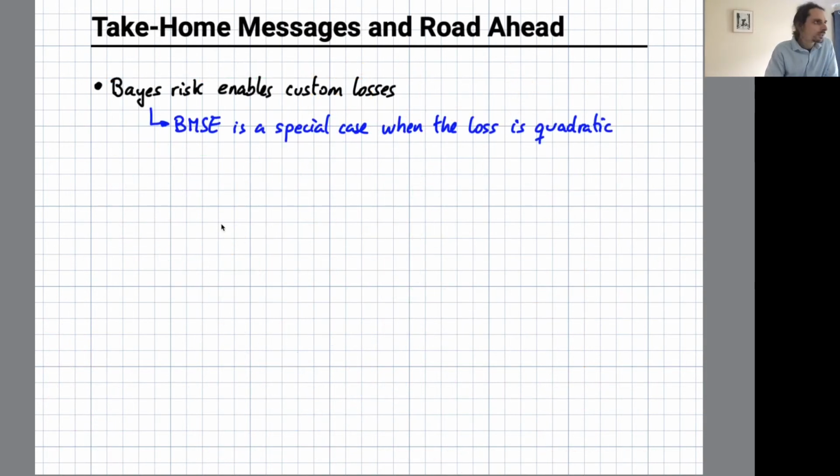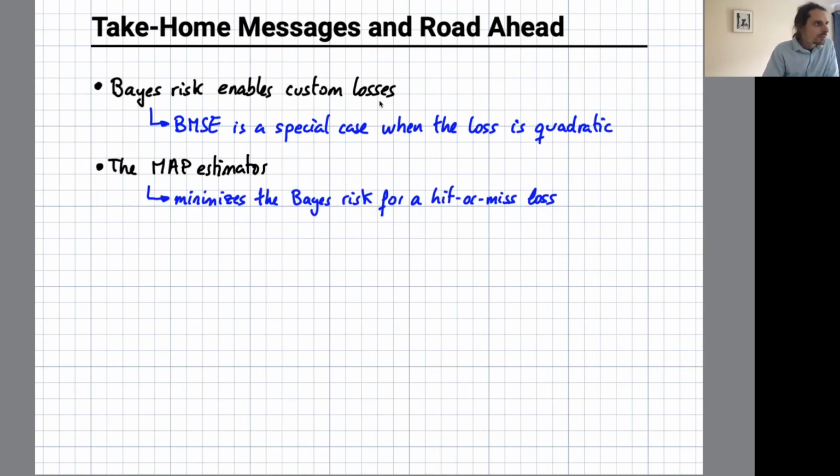And to conclude, let's wrap up what we have discussed today. We started by introducing the notion of Bayes risk, which is a generalization of the BMSE that allows us to use custom losses. So we can freely select a loss function that quantifies the cost that we suffer for each value of the estimate given the value of the true parameter. We looked at multiple examples of loss functions.